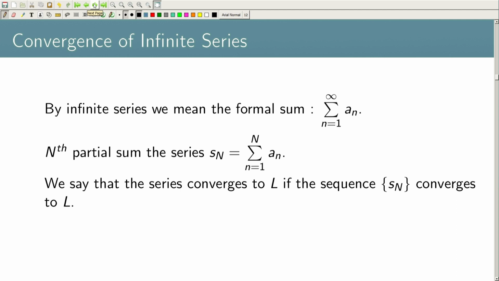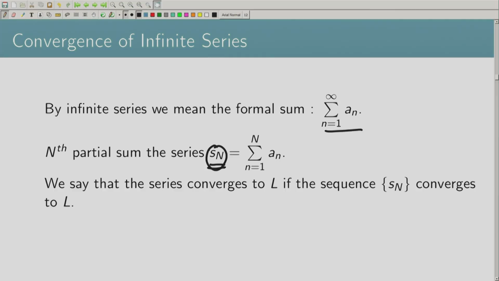We say that the series converges to L if the sequence S_n converges to L. Now, the sequence is the partial sum of a_n's, which are real or complex numbers. So, we know for a sequence of real or complex numbers, what is the meaning of convergence.